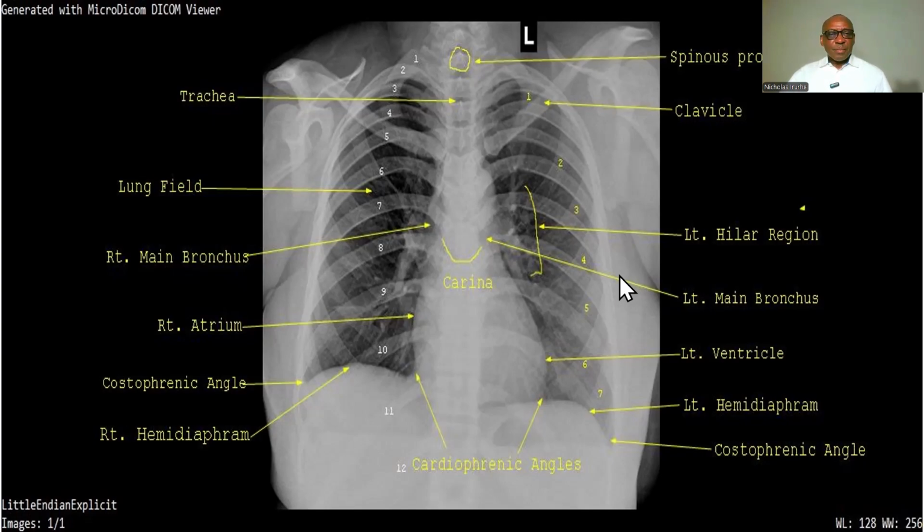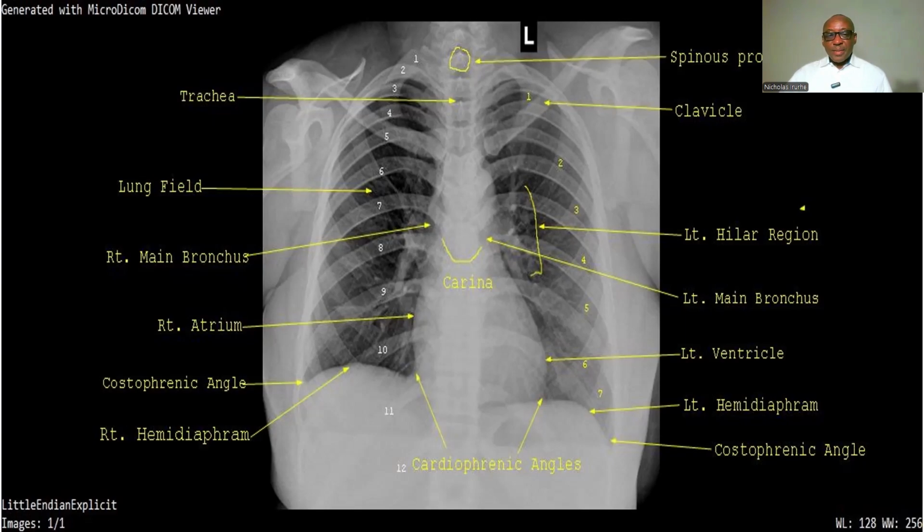In summary, we have been able to identify some structures that we see in the gross anatomy of the chest, and we are seeing in the chest radiograph, such as the ribs, the bones, the heart, the lungs, and the soft tissues.